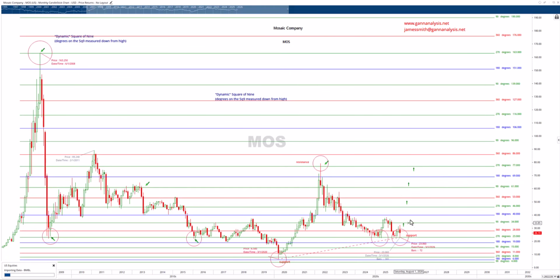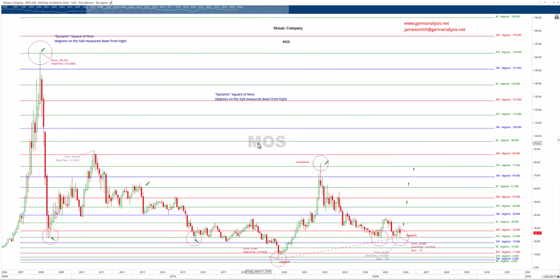Now, all of these levels will be important. Don't get me wrong, you're going to look at all of them. But you're going to look at the ones that are 360 up or 360 down from high as being more important. So, I hope this isn't confusing, but I'm trying to get through a lot of information in a short amount of time.